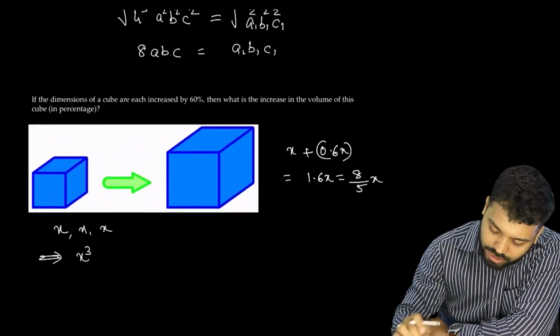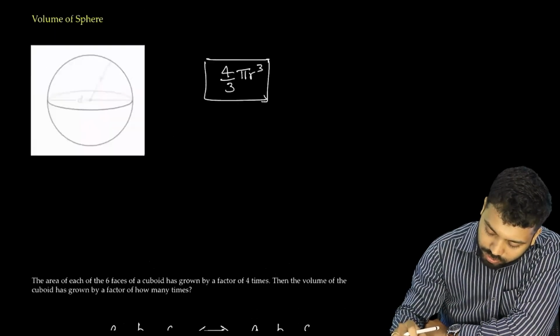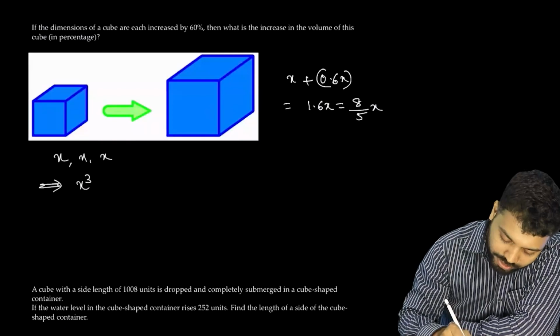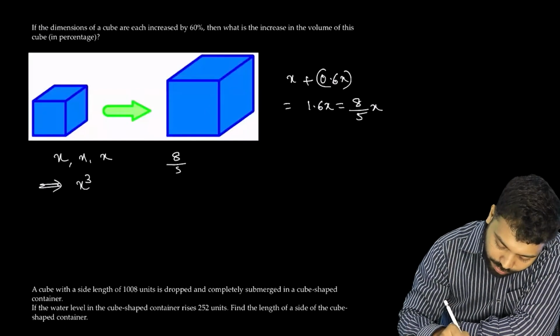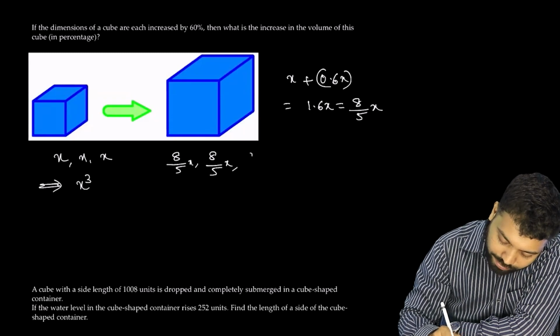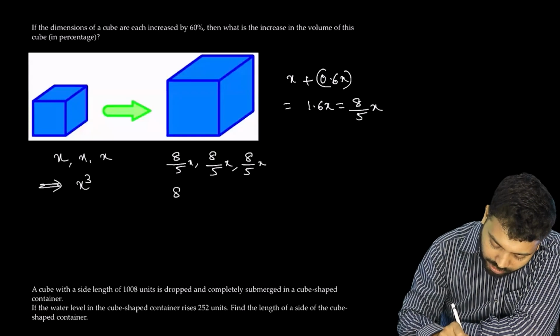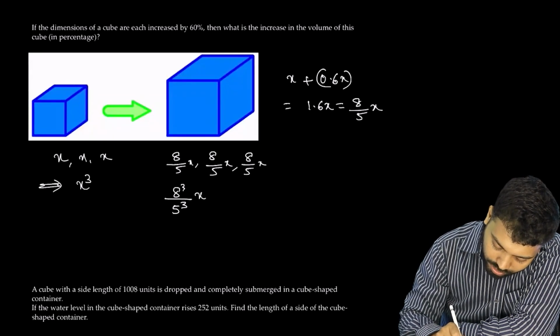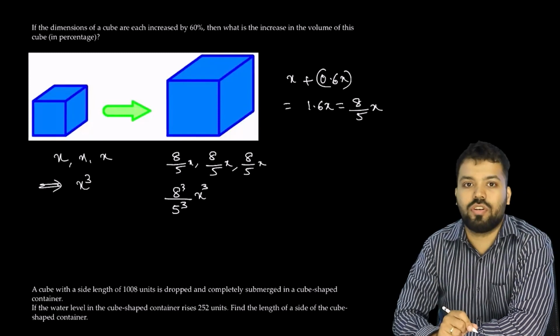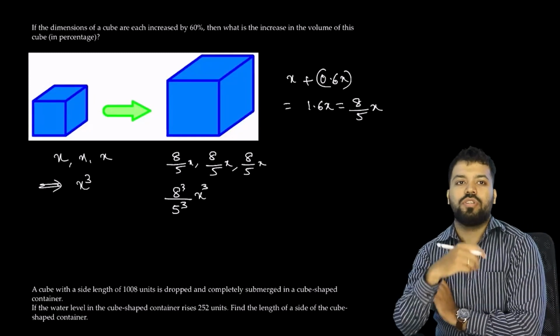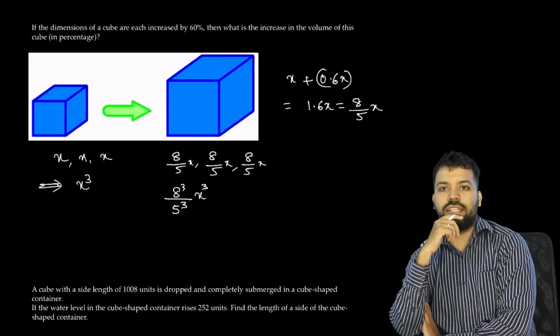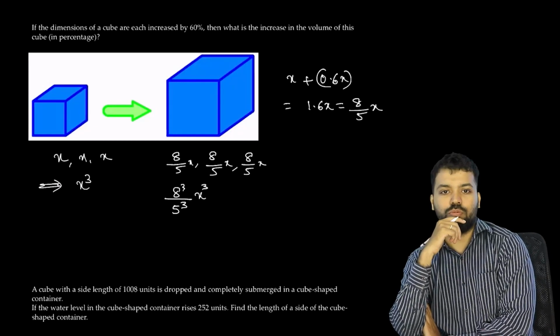So the new dimensions are 8 by 5x, 8 by 5x, 8 by 5x. So the volume will be 8 cube by 5 cube into x cube. Now the question is, what is the percentage increase in the volume of the cube?